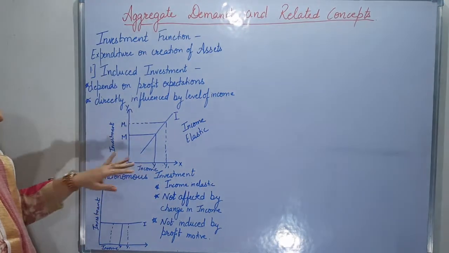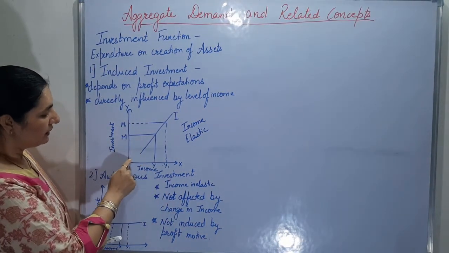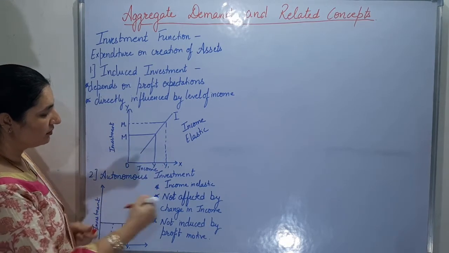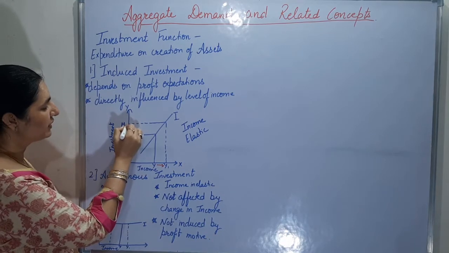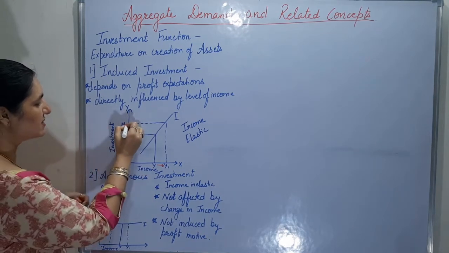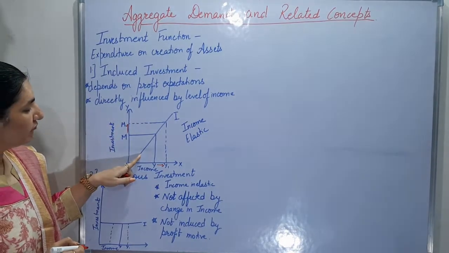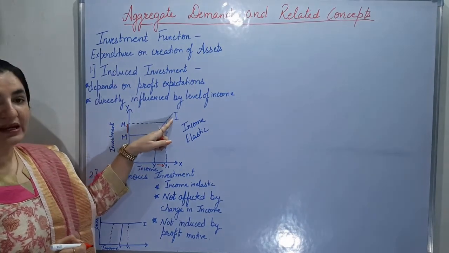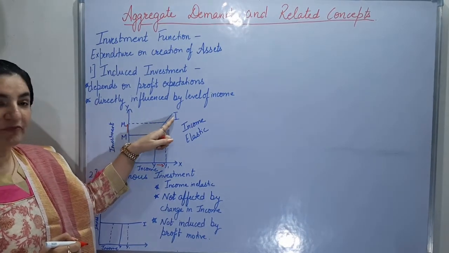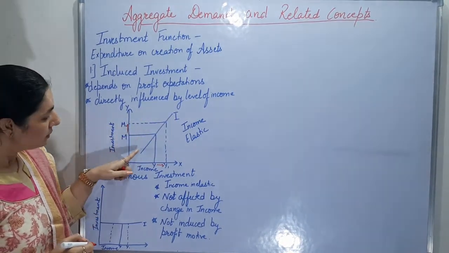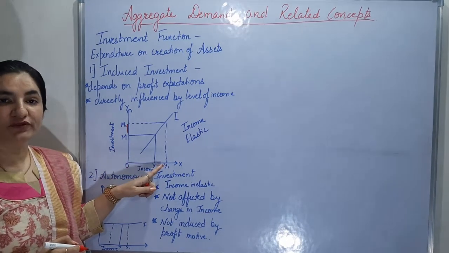See the diagram which I have prepared. The income is increasing here, Y1 to Y2, so the investment expenditure is also increasing from M to M1. So investment is a straight line, but it moves upward as per the behavior of income.